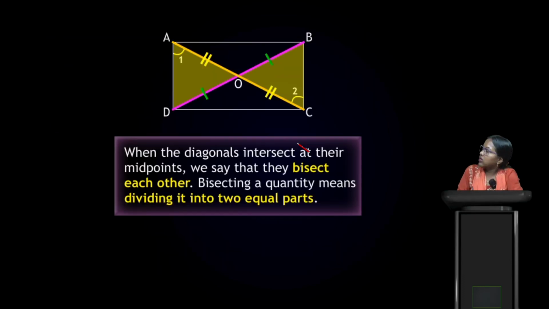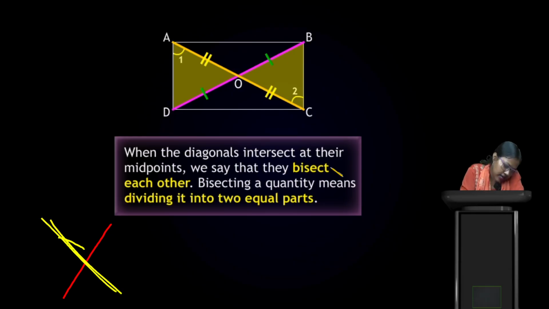So when the diagonals intersect at their midpoints, we say that they bisect each other. So when they meet at the midpoints, that means diagonals are bisecting each other. Bisecting a quantity means dividing it into two equal parts. Suppose here I draw one line, and another line I am showing you with yellow color.